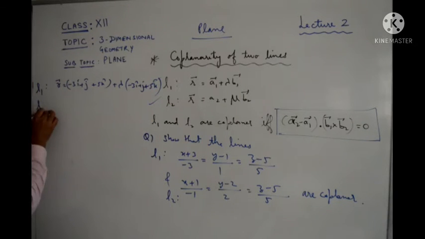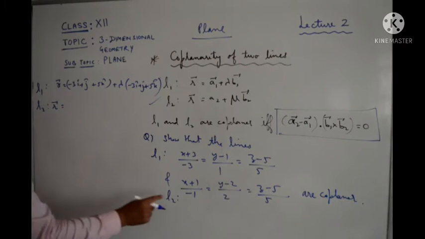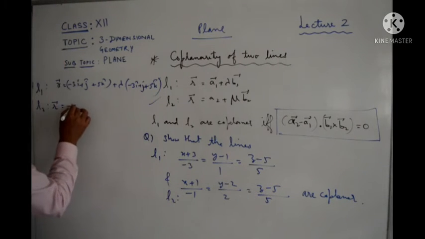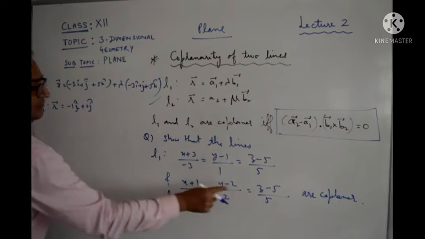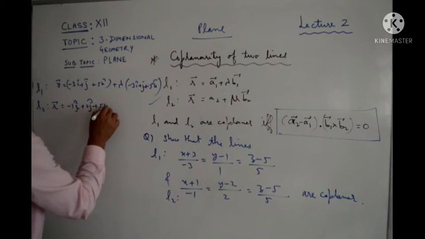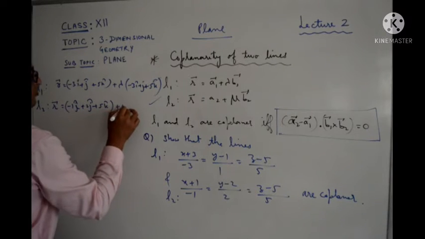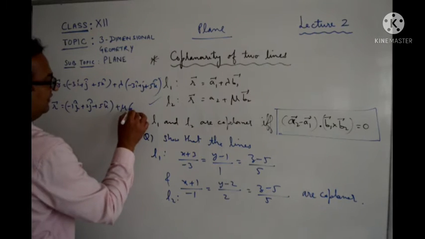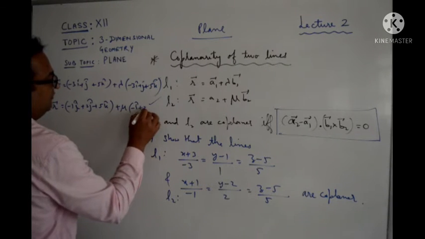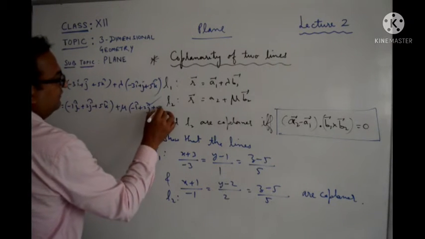So this is the vector equation of line 1, and for the vector equation of line 2 we have the passing point -i + 2j + 5k + mu times the b2 vector, -i + 2j + 5k.